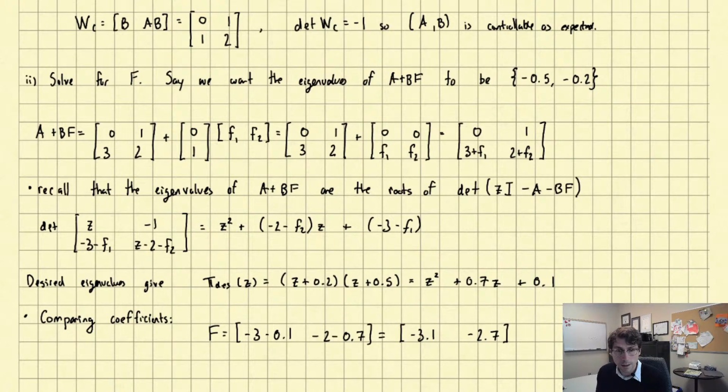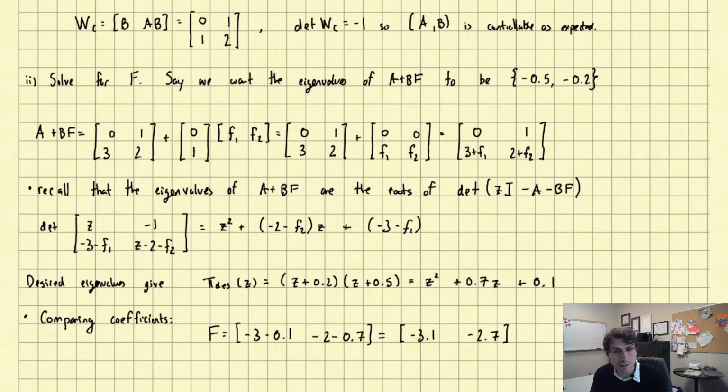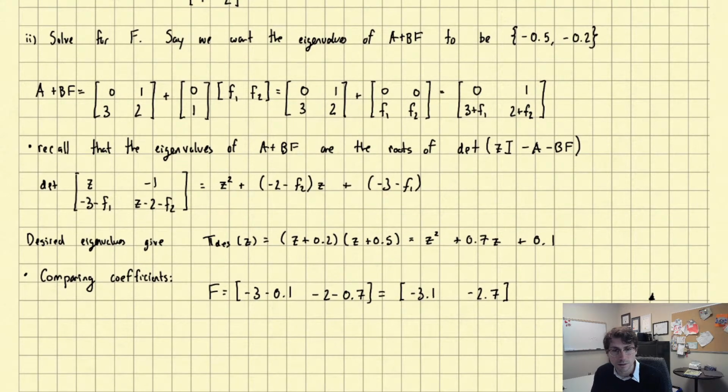Okay. Now this worked out nicely in terms of the equation because A and B were in this controllable canonical form. In general, if you just use this brute force approach, things can get messy. I will not cover some of these techniques to do this by hand because in practice you would never do it by hand.